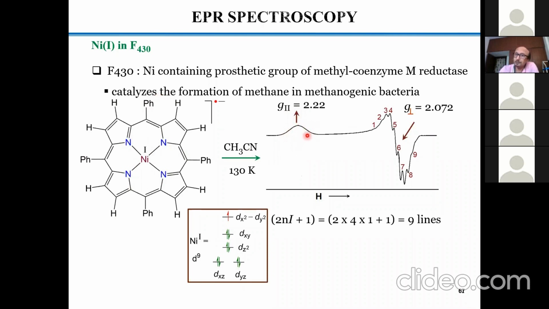Slight interaction, of course, is there in the g parallel axis, because this looks slightly broader than this kind of spectrum. If you look at the broad feature of this particular parallel line, it tells us that the involvement of superhyperfine splitting is there actually, but that cannot be resolved because of the weakness of that interaction.